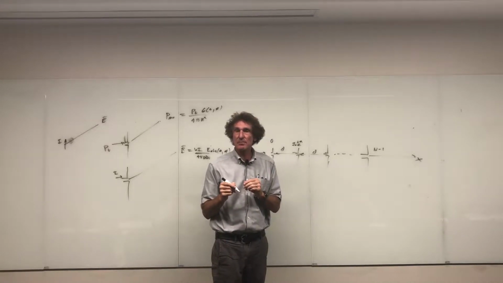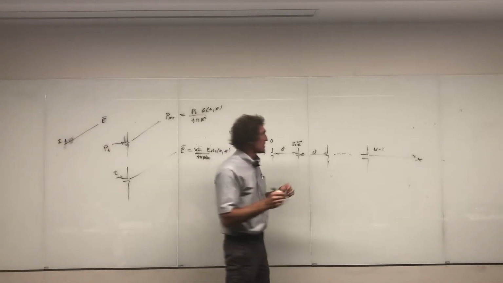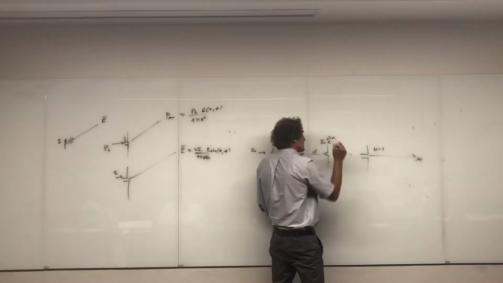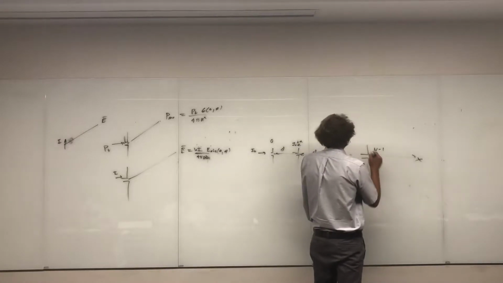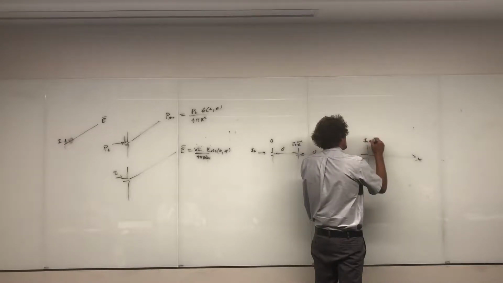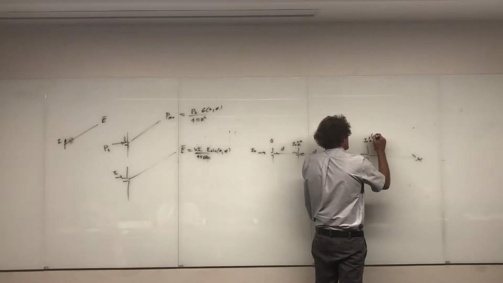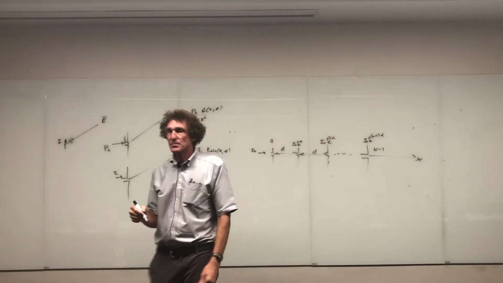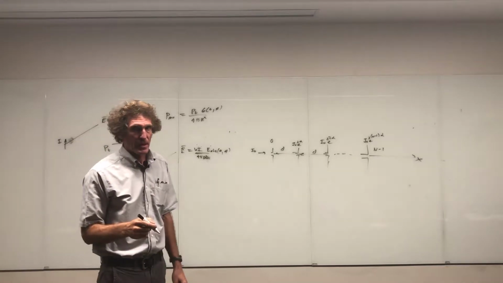This is the way you steer a beam classically. The next one is going to have I naught e to the j2 alpha, and so forth. Finally, out here, it's going to be I naught e to the j(n minus 1) alpha. Everybody see what's going on here? So it's a progressive phase shift.